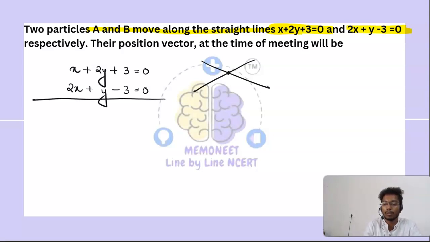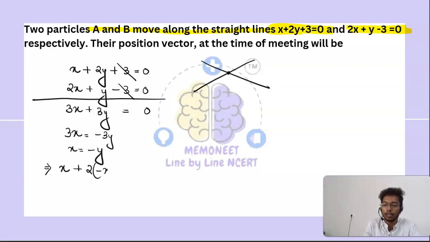If we solve this out, subtracting, we get 3x plus 3y equals 0. So 3x equals minus 3y, and x equals minus y. This is the point at which they will meet. In place of y we put minus x in the first equation: x plus 2 into minus x plus 3 equals 0.